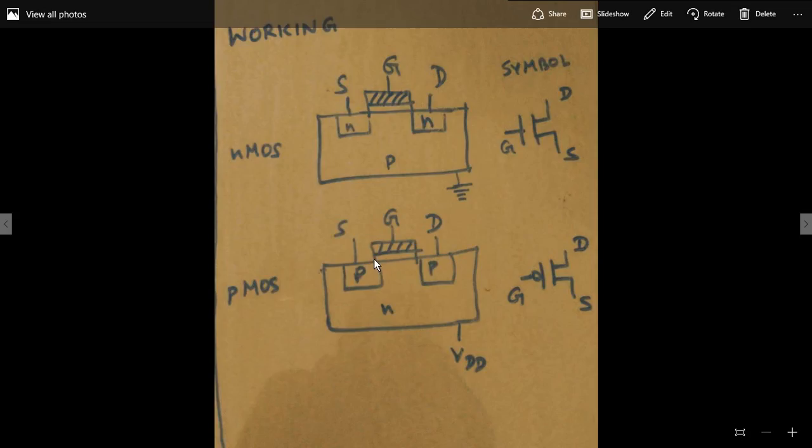So this is the off condition of P MOSFET. When gate voltage is 1, there is no conduction between source and drain, resulting in the off condition of P MOSFET. So this is how MOSFETs in general act as a switch.